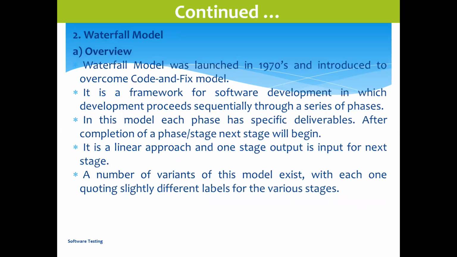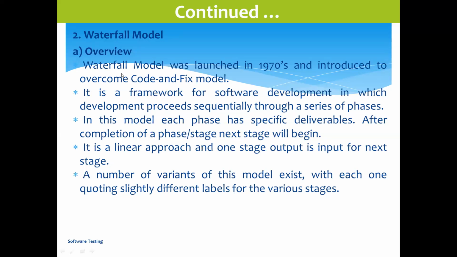After a few years, the next model came in 1970, after 20 years. In those 20 years projects were not happening, software had no market, nothing, somebody just developed something, that's all. Some projects started slowly within a few years, and they got problems with the code and fix model. Lots of problems were happening, other teams had no involvement, no testing, no documentation.